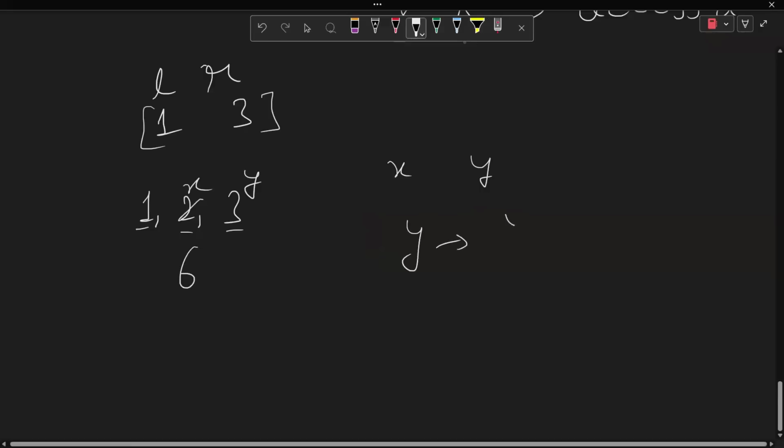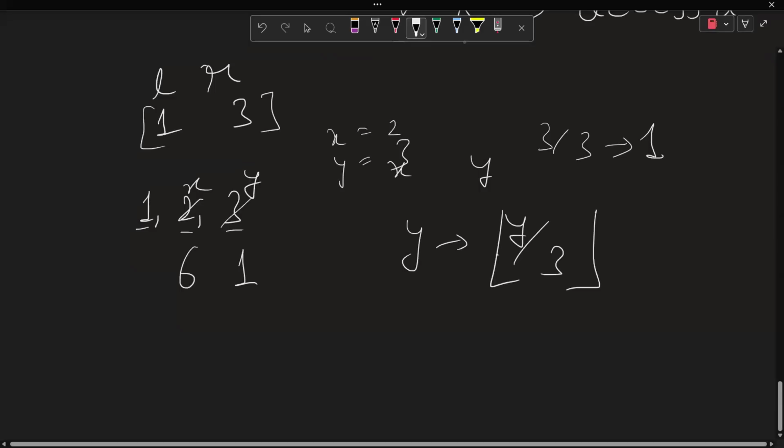And he would replace Y with floor of Y by 3. So 3 by 3 is 1, so 3 would be replaced by 1. If we select X equal to 2 and Y equal to 3, after the first operation our new numbers on the board would be 6 and 1. So this is one possibility of an operation.